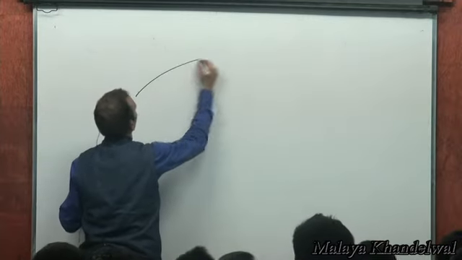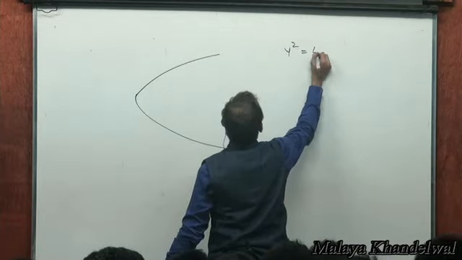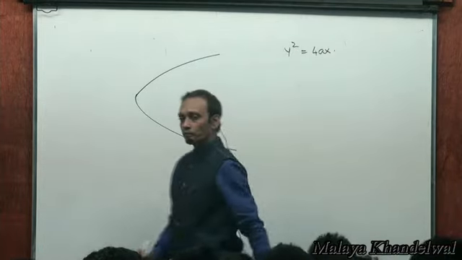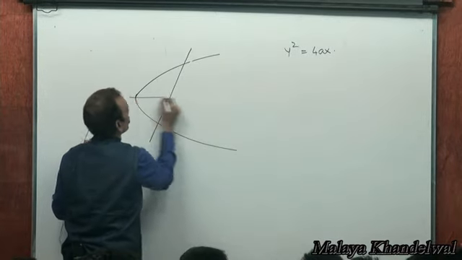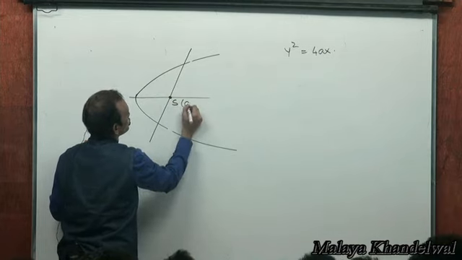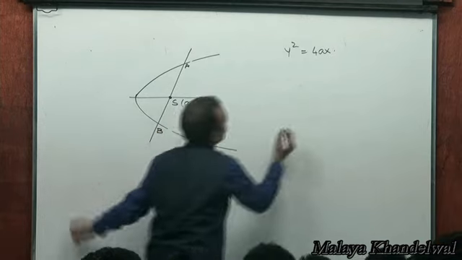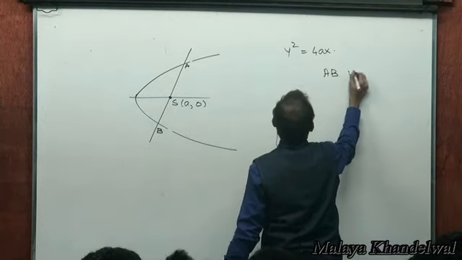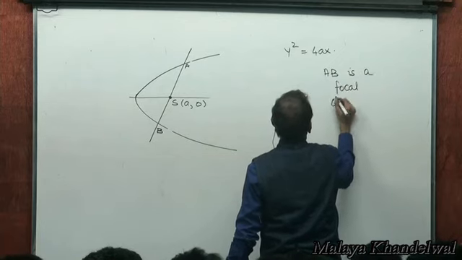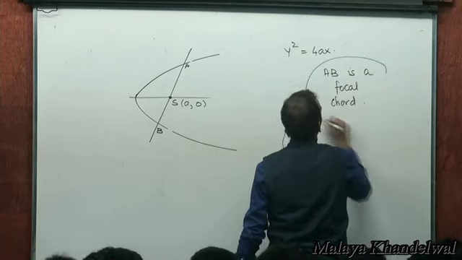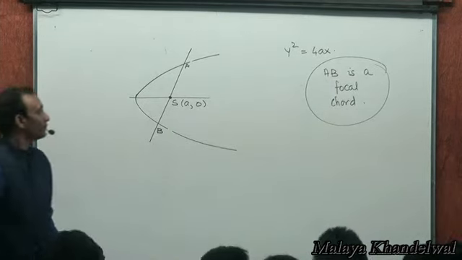Say in a parabola y squared equal to 4ax, this is S, the focus, which would be (a, 0). AB is a focal chord of the parabola, right?